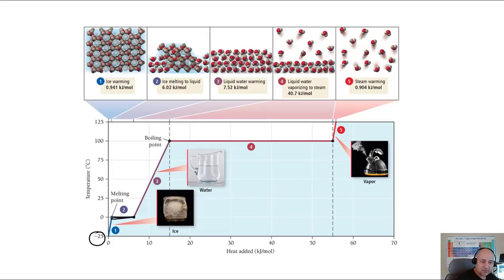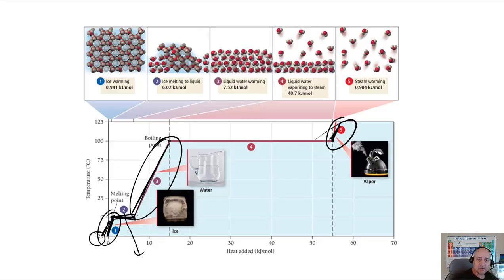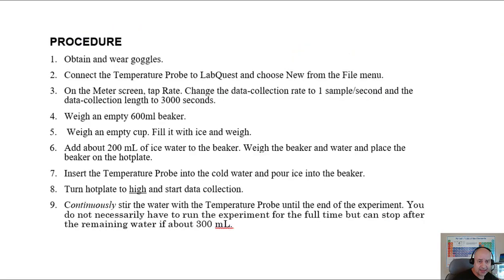So right here is where we have the heat of fusion. Then we have the not specific heat, delta H. Specific heat are only the stretches where you're changing temperature, right? So we have these three sections where... but I don't really want to give you this background because you're supposed to watch the lecture. So let's just look at what we're doing in the lab.